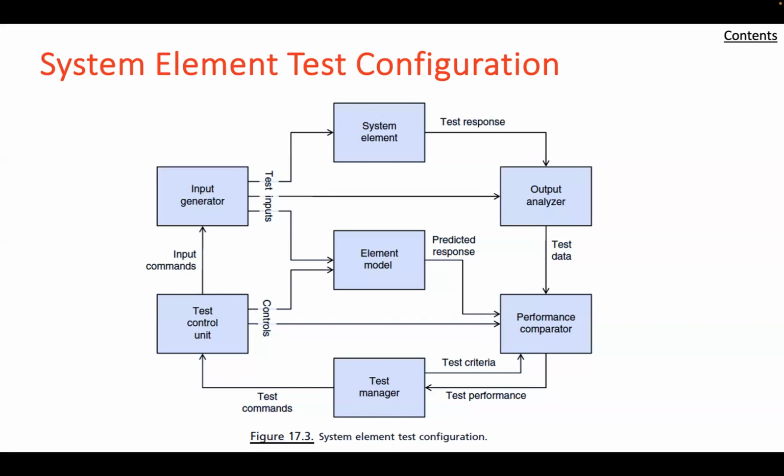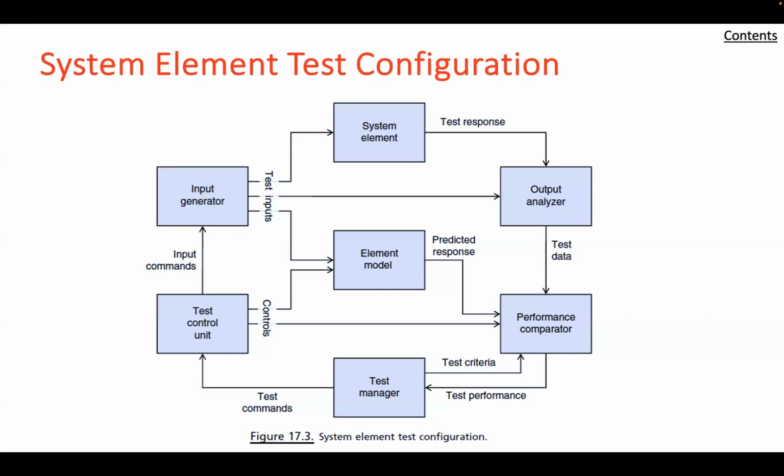The element model, which is pictured in the center of the figure, has the function of reproducing very precisely the response that the component or subsystem under test is expected to produce to each input according to its performance specification. The element model may take several forms.